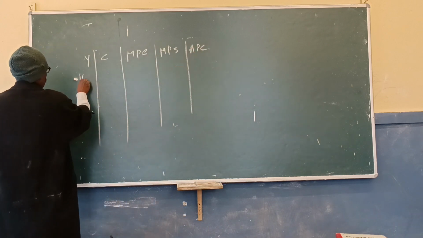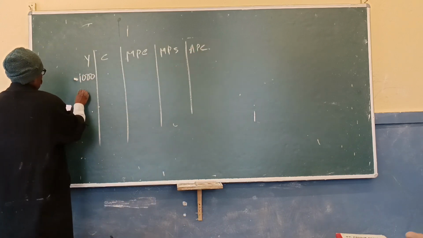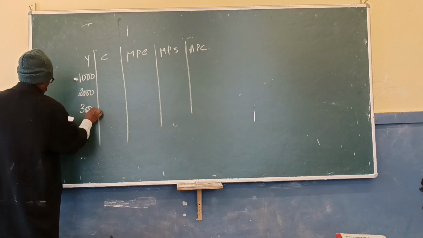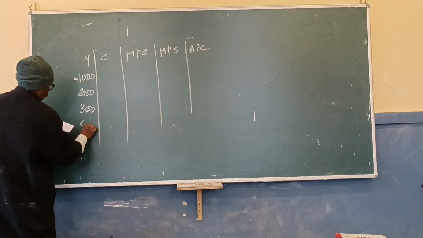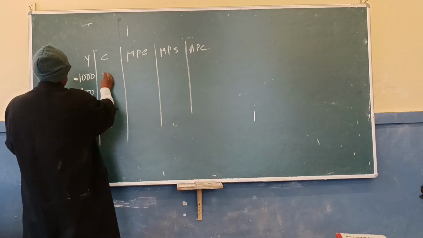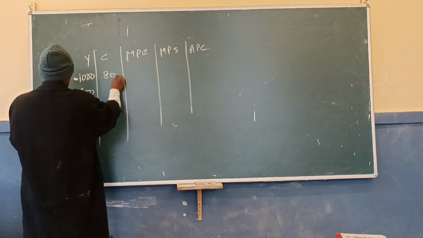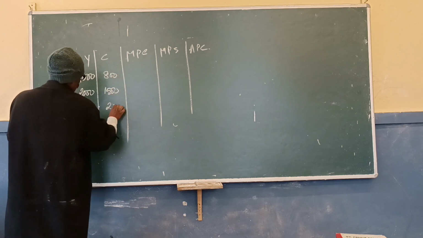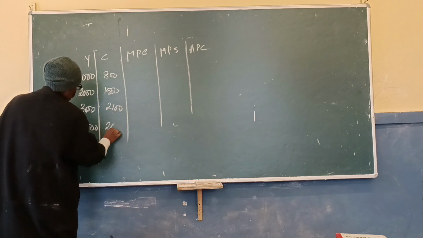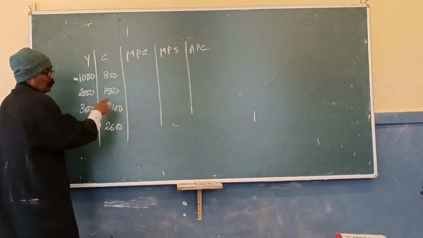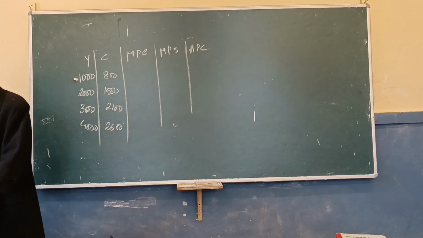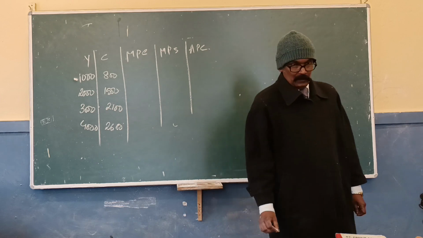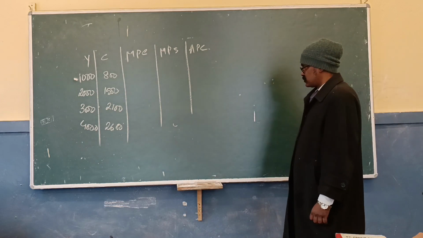Y is given as 1000, 2000, 3000, 4000, and here C is 800, 1500, 2100, and 2600. Complete the following table. Alright? 2 marks question. Before you do, I just ask 1-2 questions and then you do.